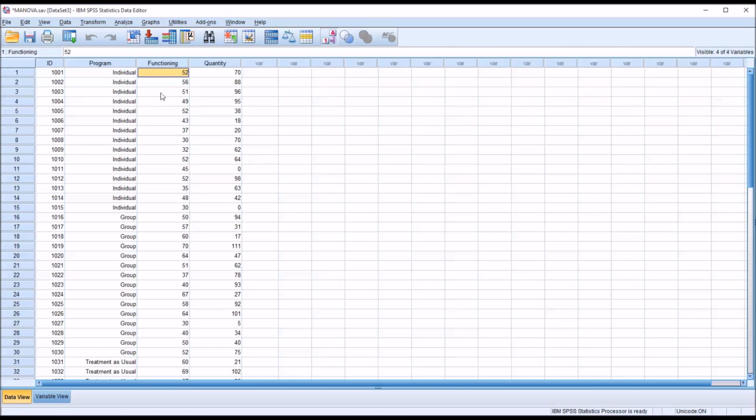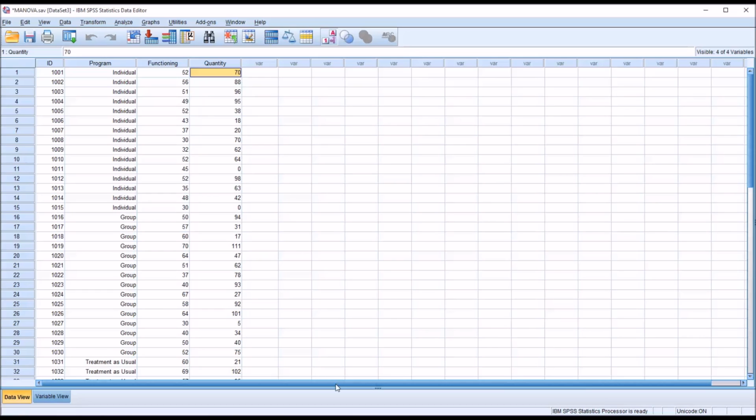For this scale, let's say the lower value indicates higher functioning. And then we have quantity. This would be the quantity of alcohol consumed, say, during a period of a month. And of course, a higher quantity would not be what we'd want. That would indicate a less successful outcome.